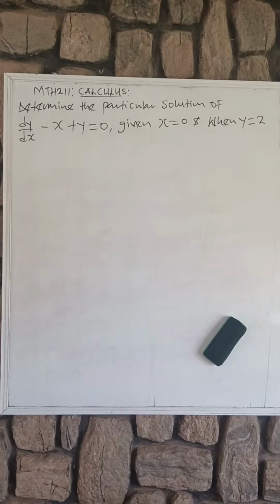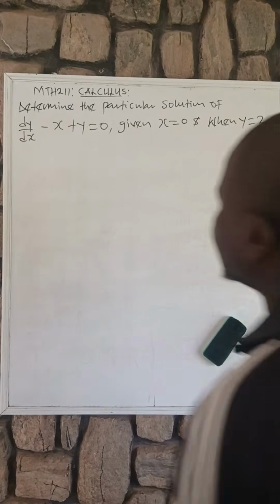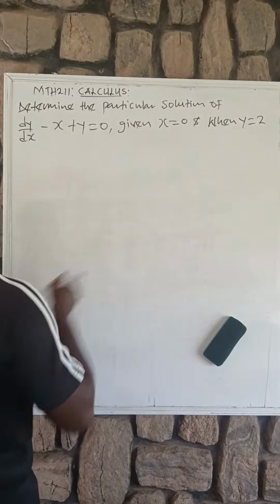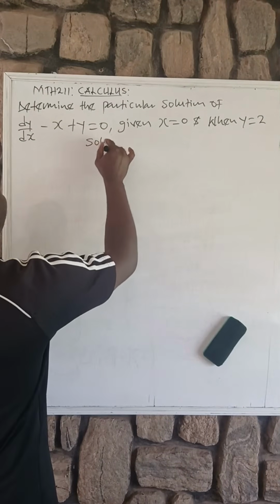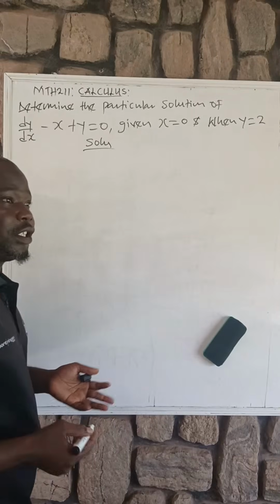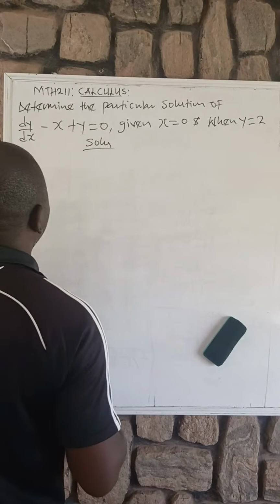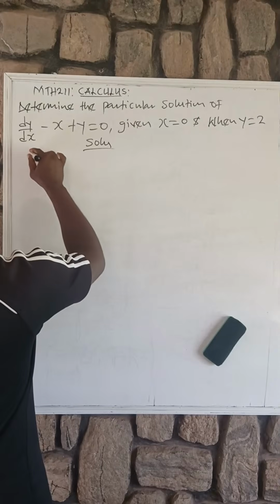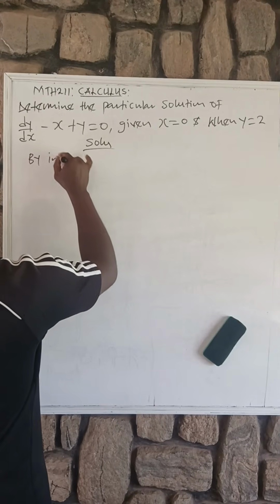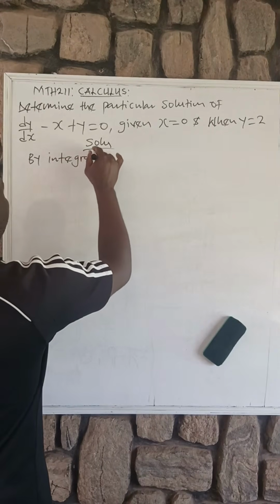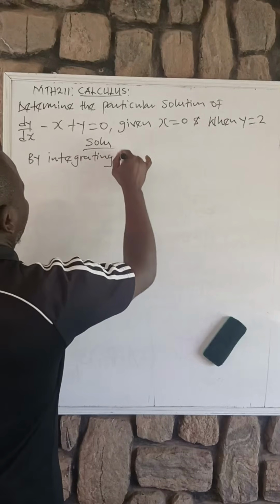Please take note of this example. It's very important. Is that clear? I said take note of this example. Very, very important. Okay, so far so good. So let's write a solution. That is, we are using the integrating factor method.